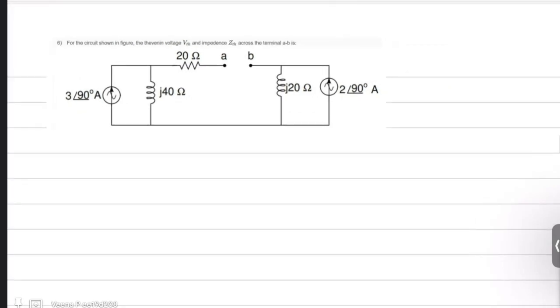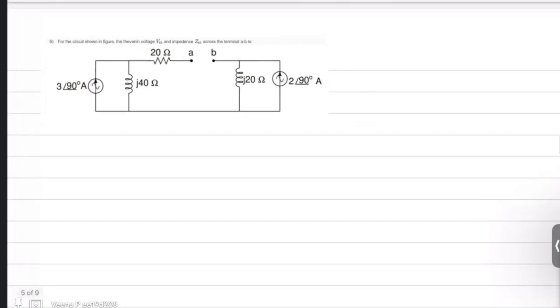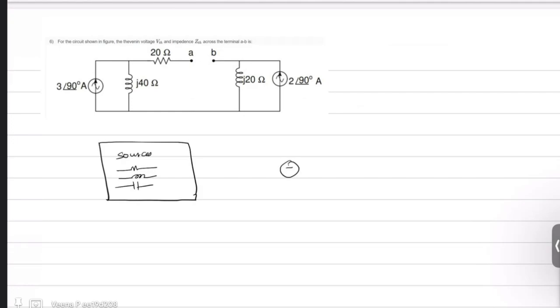So whenever we want to find the Thevenin equivalent circuit of any complex circuit, if you have a complex circuit having a lot of sources and passive elements like inductor, resistor and capacitor, you can simplify the circuit by forming an equivalent voltage source in series with an impedance across the two terminals across which you have to find the equivalent circuit.